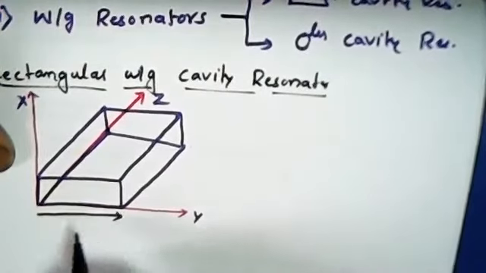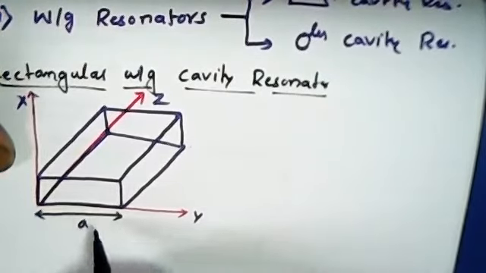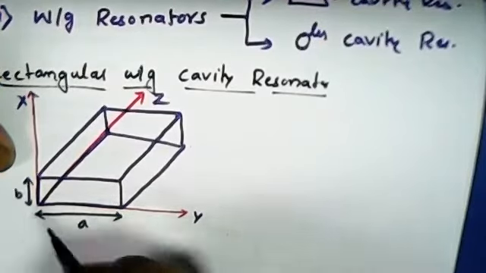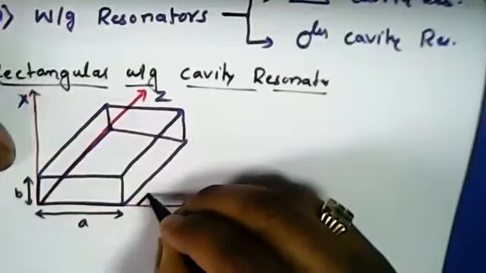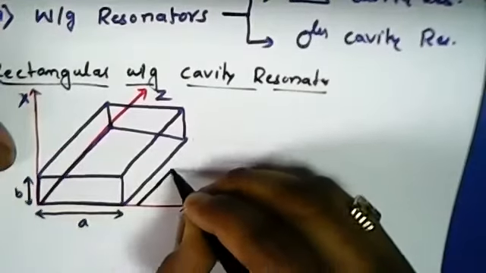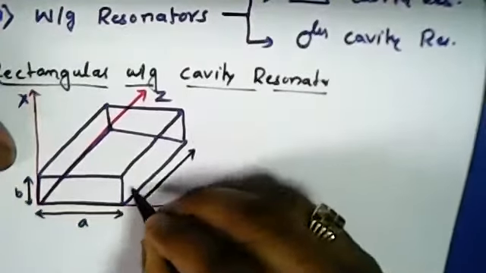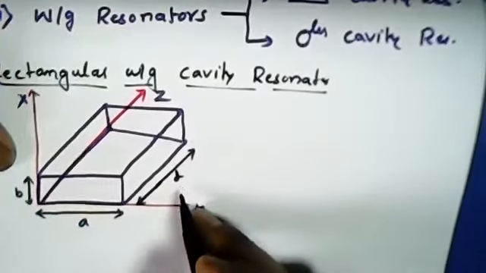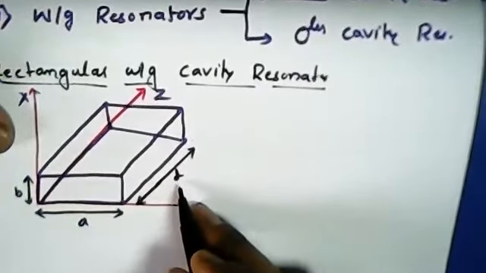We have taken previously A and B. Let this be A as it is, and this is B, the height. And the length here, since we have a definite length, I am taking as D.